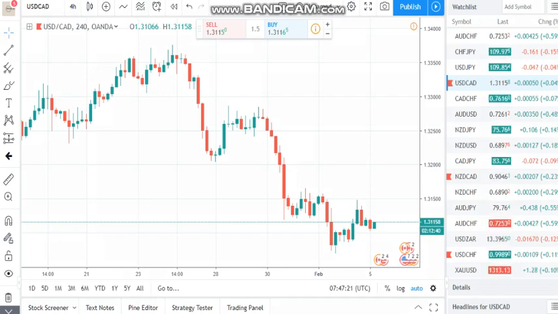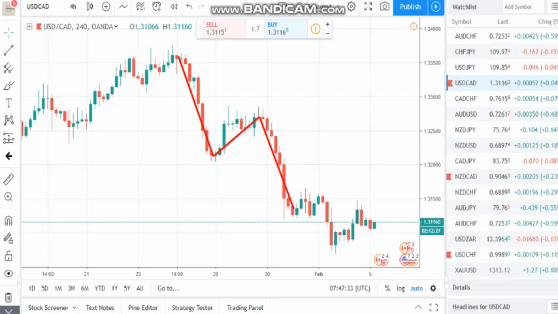So if we are looking at the USD CAD here, we are seeing a nice down move, makes a lower low, lower high, and then followed by another lower low, and then retraces back and then moves down.